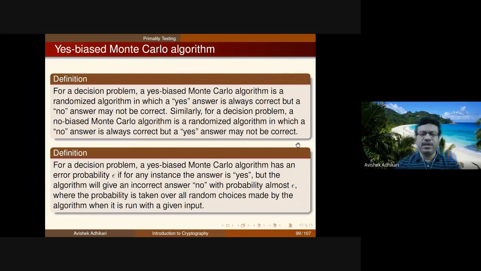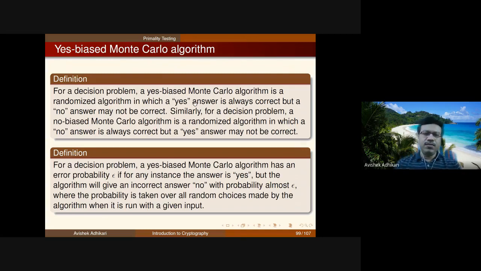That means there might be some chance of giving me a wrong answer when you say no. But when you say yes, you have given a correct answer. That is known as a yes-biased Monte Carlo algorithm.